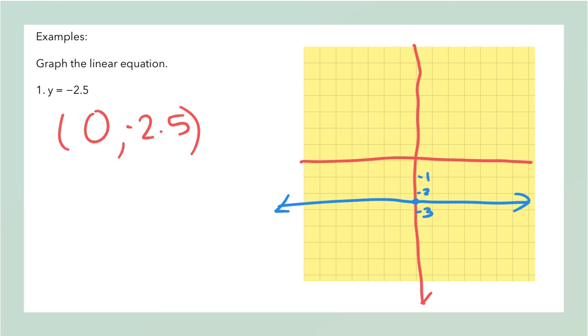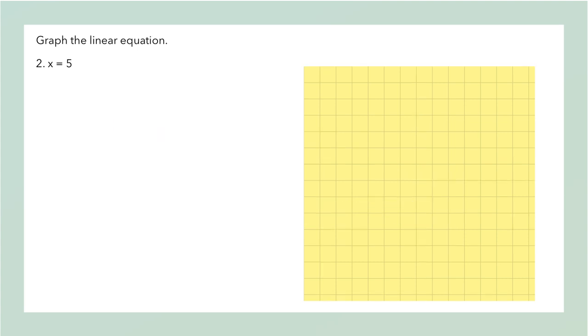Let's go to the second example. Can I go into the second example? Yes. What is it telling us here? x equals 5. So what is my ordered pair here? (5, 0).